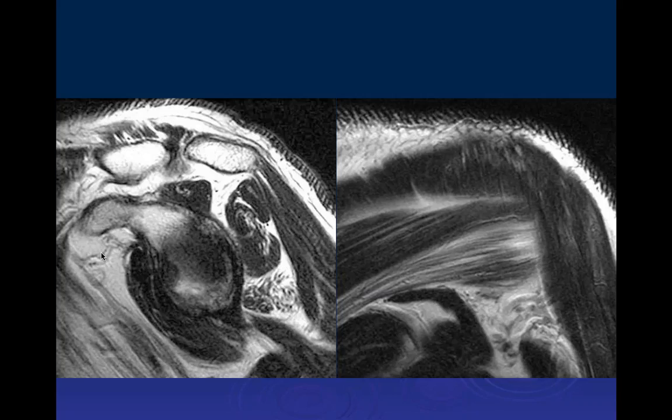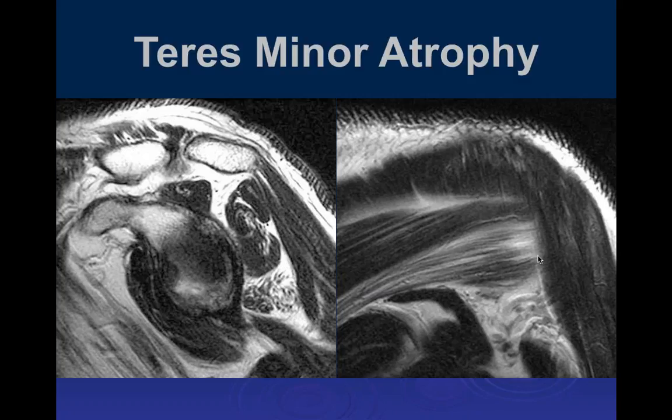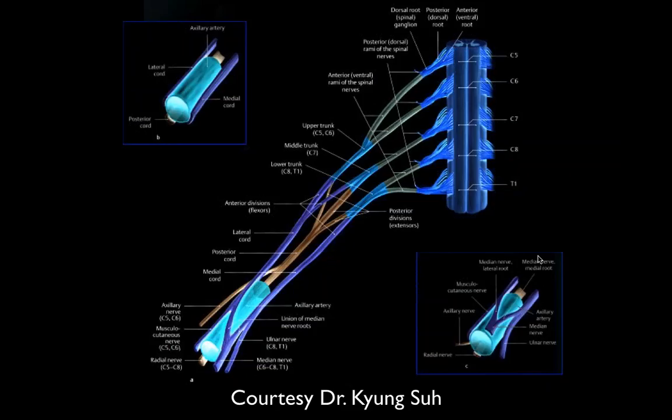Sagittal T1 and a coronal T1 weighted image, which demonstrates fatty atrophy of the teres minor muscle. So what would you be concerned about? The innervation to the teres minor is from the axillary nerve, so the first thing I would do is look at the axillary nerve.